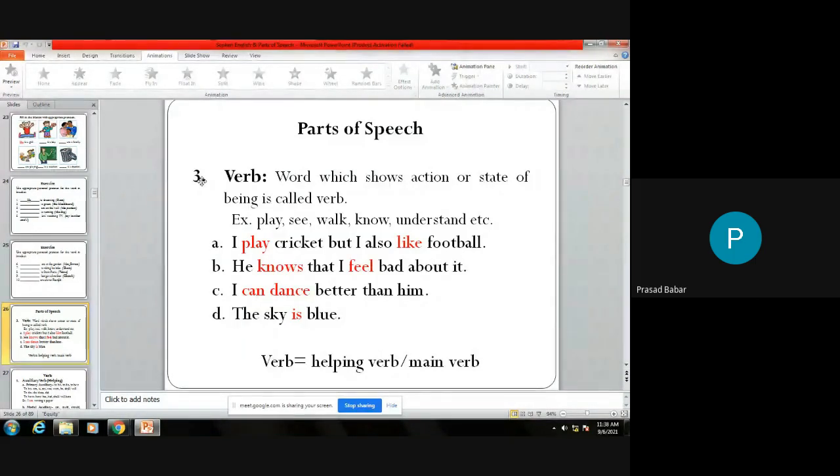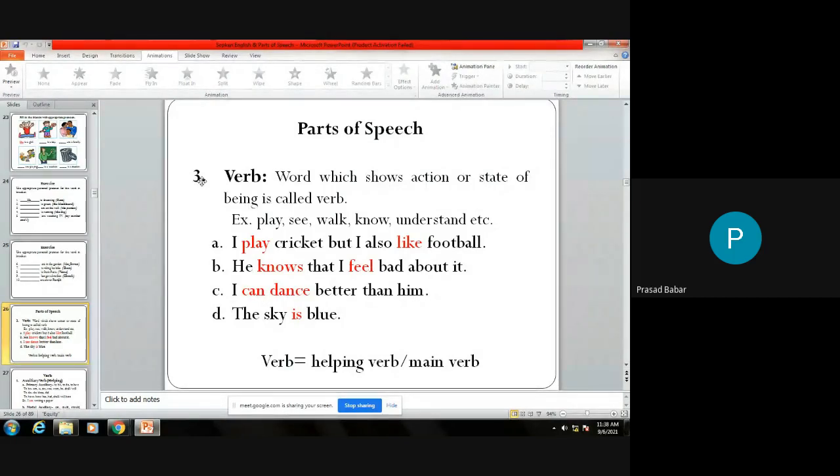Okay, so examples are play, see, walk, know, understand, then catch, write, speak. These are the actions and we perform them on a daily basis. We have to do these actions.